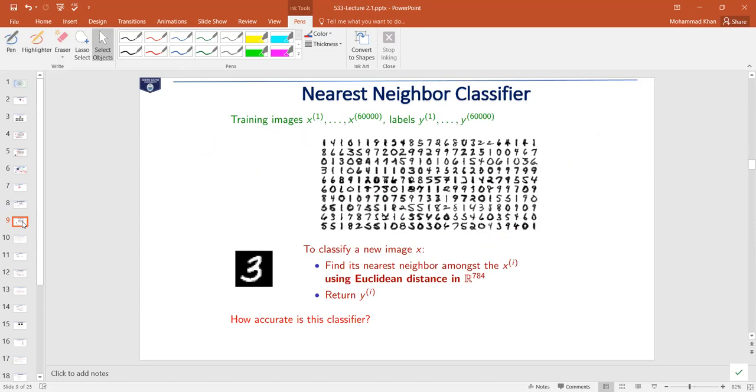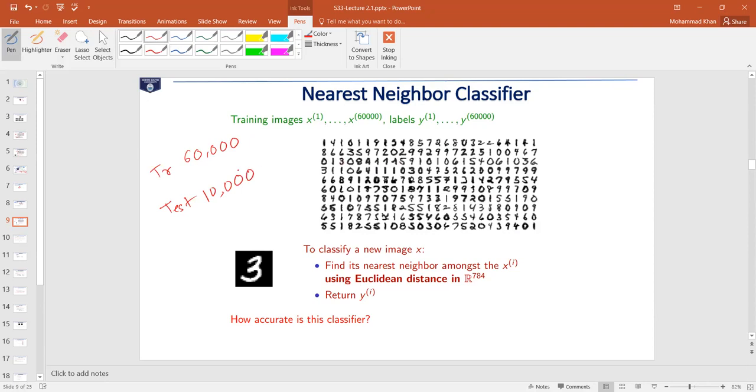Now, what we are doing basically after getting a new instance. So for example, here we have 60,000 training images and 10,000 test images.